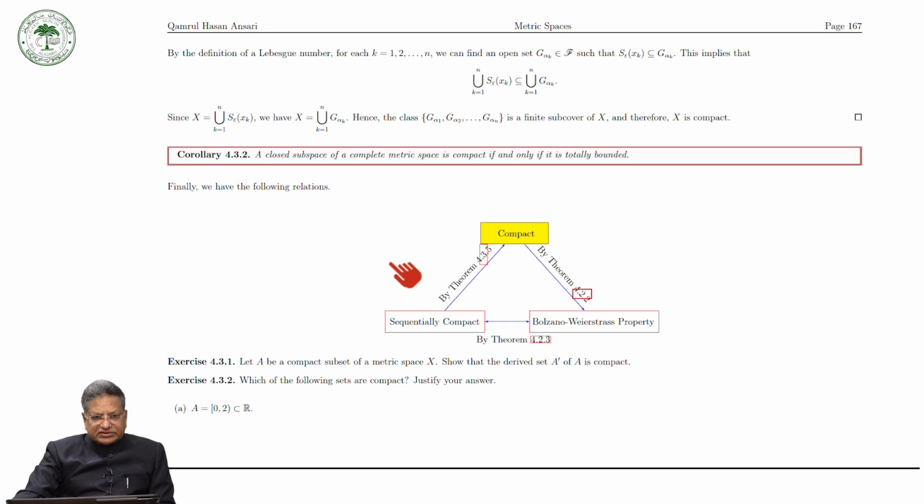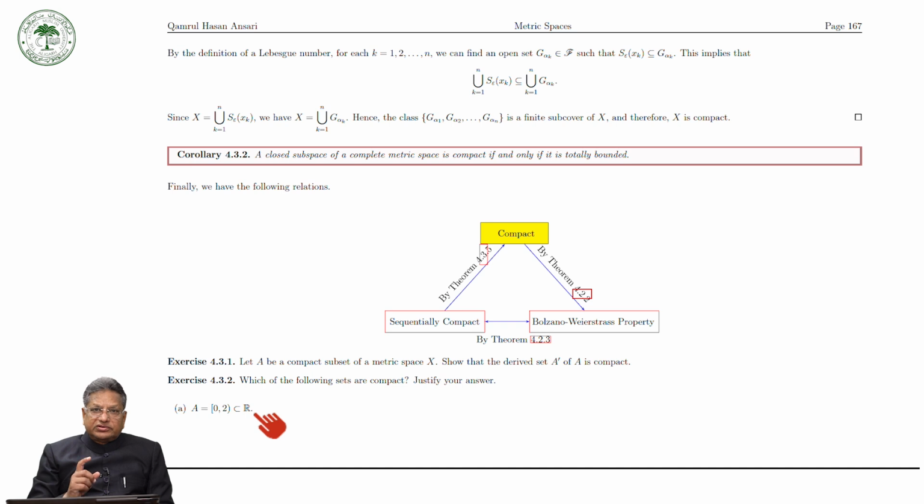Now the next exercise says: which of the following sets are compact? So for example, here we are taking (0, 2) as a subset of R. Whenever you consider R, a closed and bounded subset is compact. But in a general metric space it is not true.